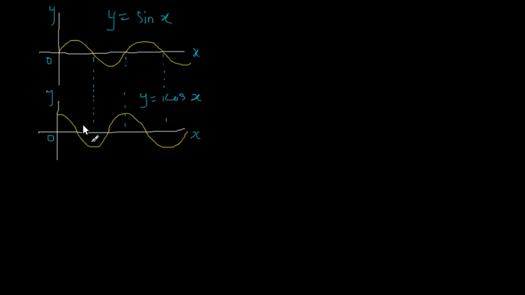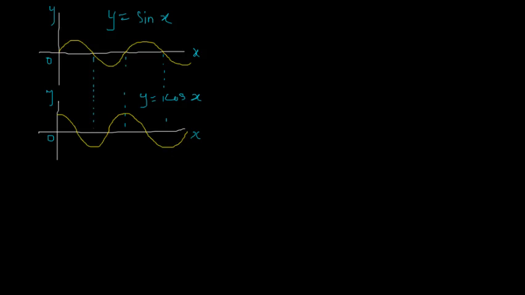From the graph alone, you can see that the cosine graph looks just like the sine graph, except that the cosine graph is shifted to the right by 90 degrees.